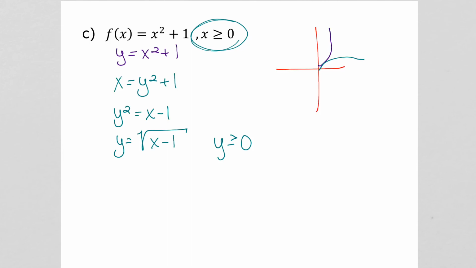If we did both halves of the y-axis, then we wouldn't end up with an inverse that was a function. So this is the inverse function, just positive square root of x minus 1.